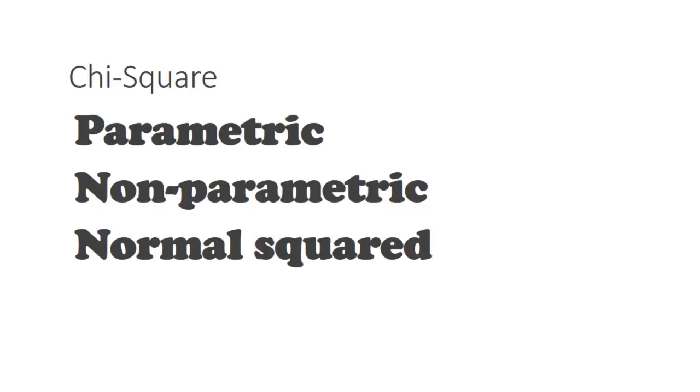The interesting thing about the chi-square is if we look at a normal distribution, and I know that's very exciting to you, a normal distribution looks like this. And if we do a standard normal distribution, this is 0.